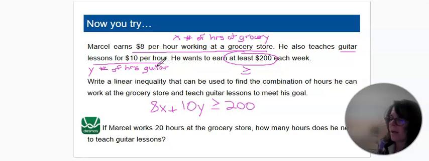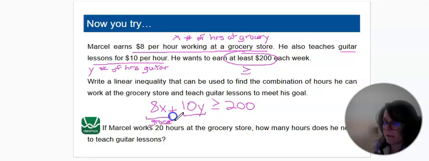We do know that however many hours he works at both of these jobs, we know how much money he earns. And so we multiply $8 times the number of hours at the grocery store, and we multiply $10 times the number of hours at teaching guitar, right?